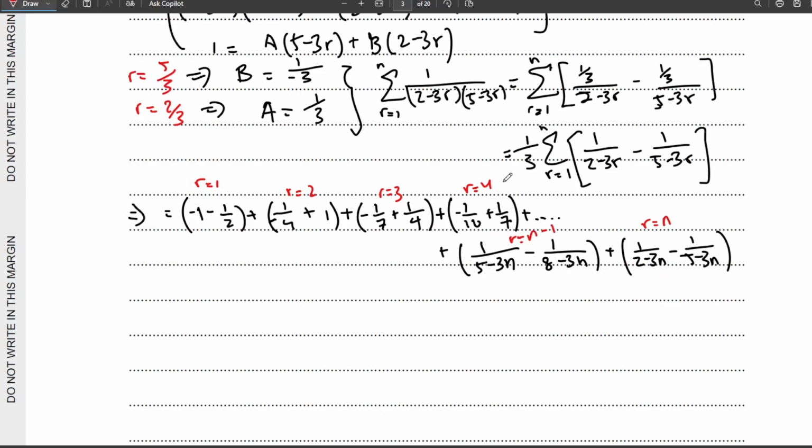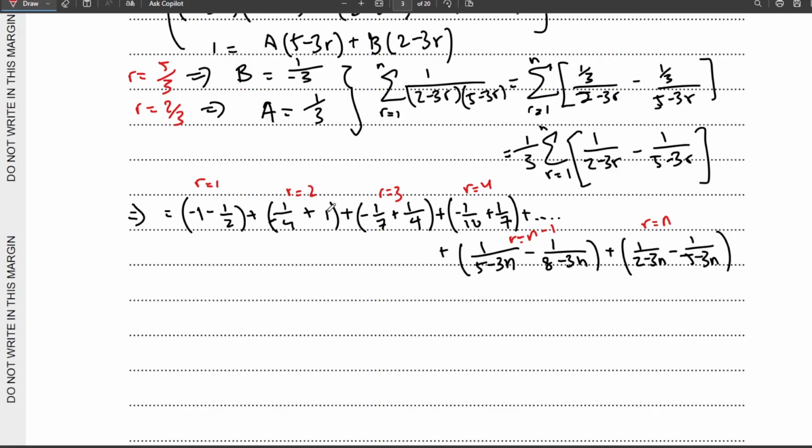Now we have written out the case where r is 1 to 4, and in between we leave dot dot dot because there's still a lot in between. And then I also write out the last two terms for you to see. If you know how to do this already, you are able to save some time by not writing so many. But I'll just show you first.